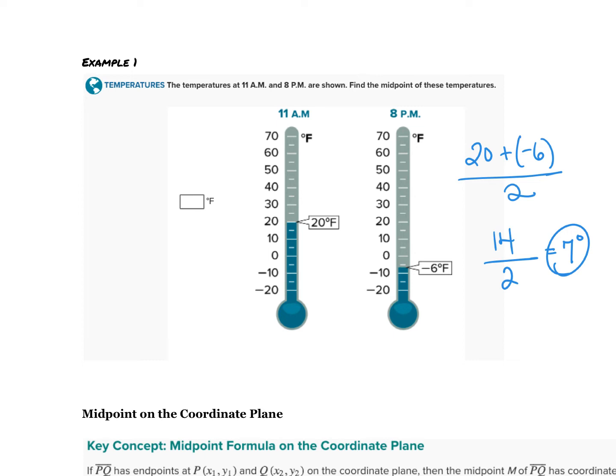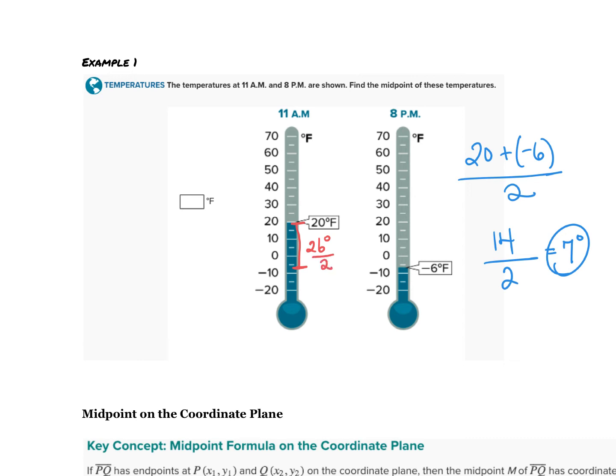Now, if I was to count along the number line, 20 to negative 6 is actually a total of 26 degrees.